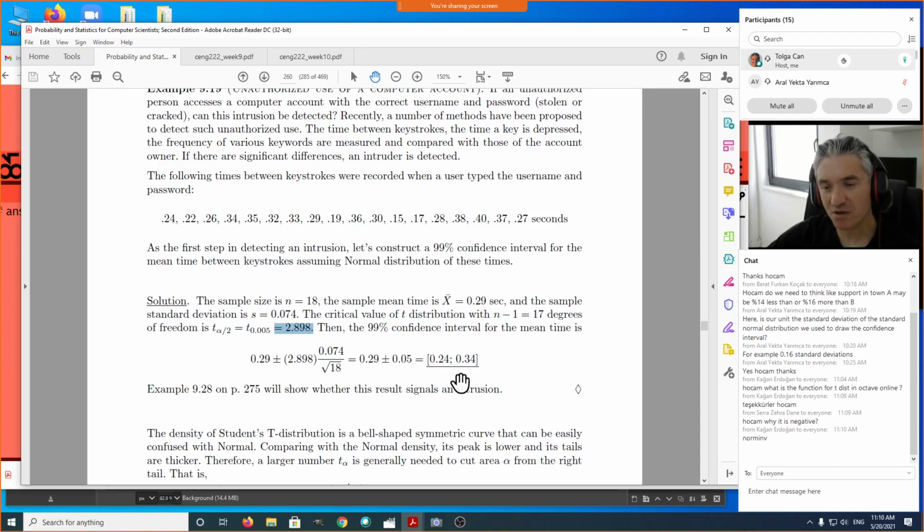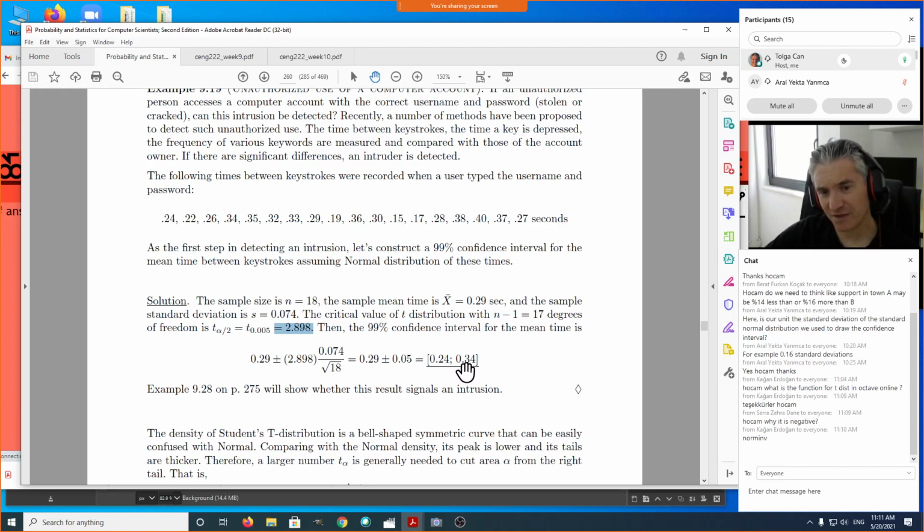So this is the user model. You can consider this interval as a model for the user. The user's keystroke intervals are between this and that, and we are 99% confident about this. So if, for example, somebody tells us that I have a password entry which took 0.37 seconds between keystrokes, that may be an intrusion because it's not inside this interval.